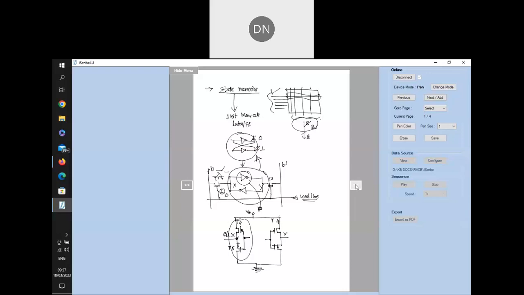Now we know that the output of one should be connected to the input of the other. Whatever value I have here should be connected to the output of this one. So I'll take this one and connect it to here, that is why I'll make a connection here. Similarly, I take the X and connect this value of X to the shorted point, that is, I'll connect it to here.